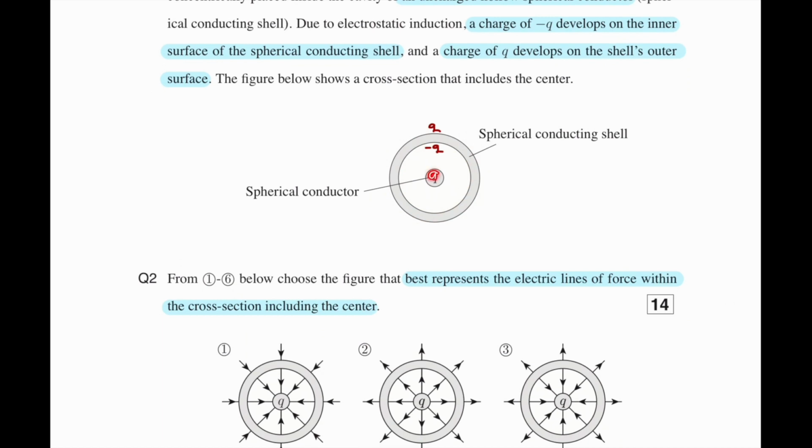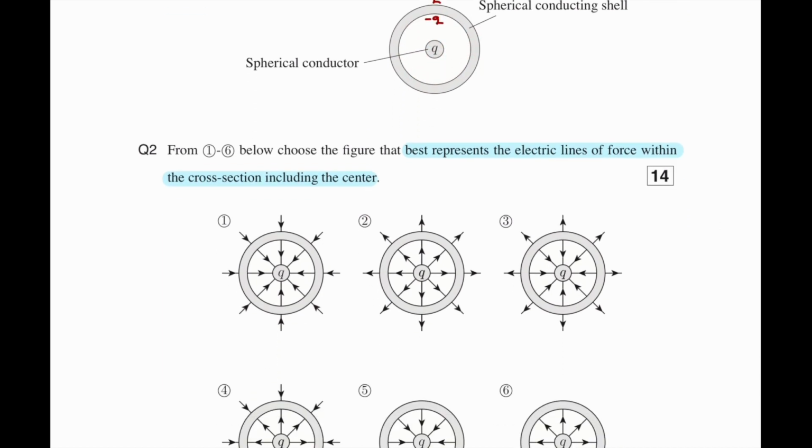Since this is positive and the inner shell is negative, the electric field goes out from positive, into the negative. Something like this. So the possible answer is number 2.